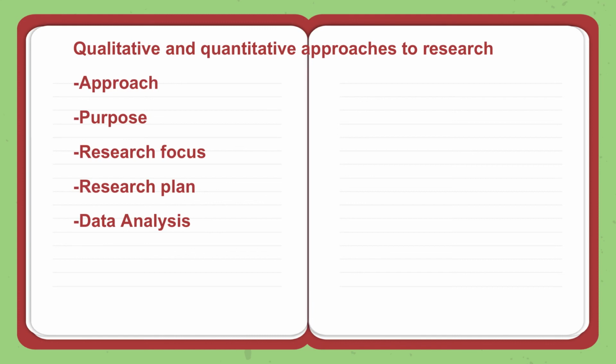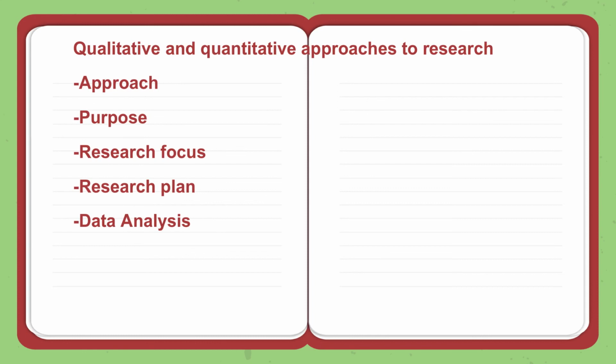Here the focus for quantitative is to isolate variables, use a large sample, usually random, often anonymous to participants, and collect data using tests and formal instruments. For qualitative, it's quite different. The focus is on the full context, and the researcher interacts with the participant and collects data face to face from the participant.